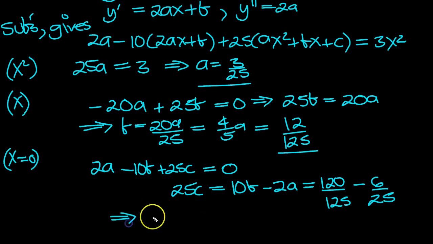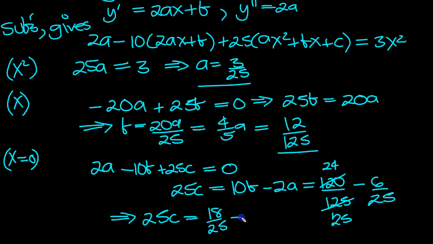So that tells us then that 25c is equal to this, divide by 5 top and bottom. 5 goes into 120 24 times, and 5 goes into 125 5 times there. So 24 take away 6 25ths is 18 over 25. So that will give us c is equal to 18 over 25 squared, which is 625.